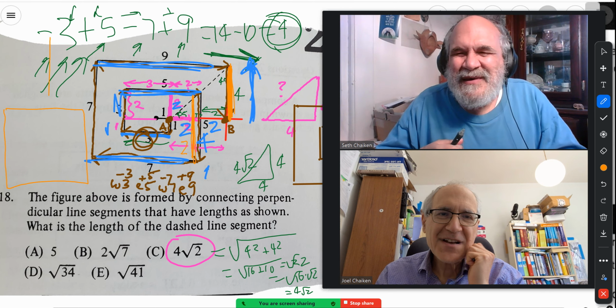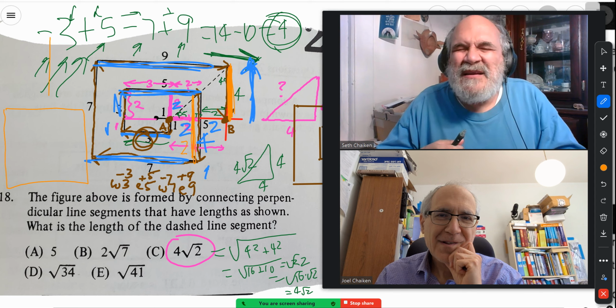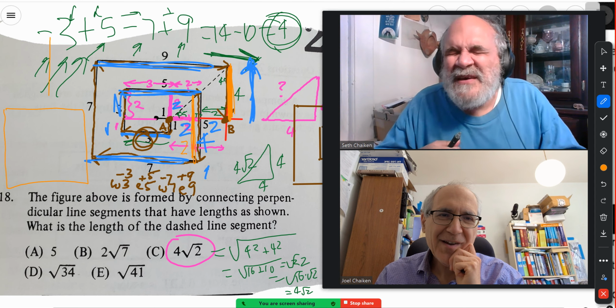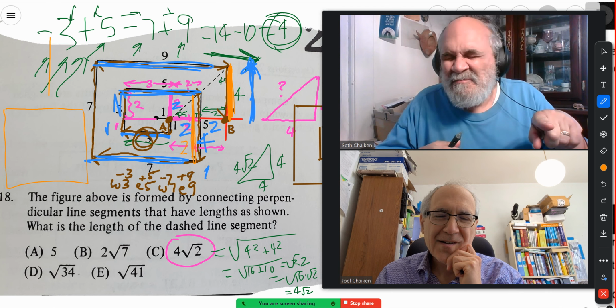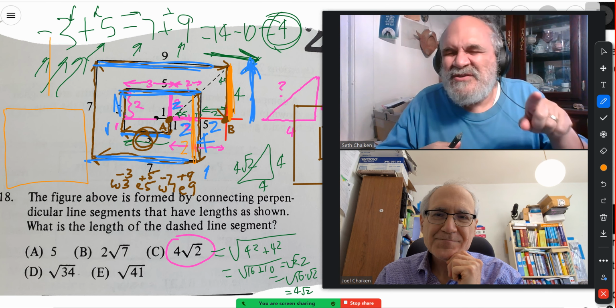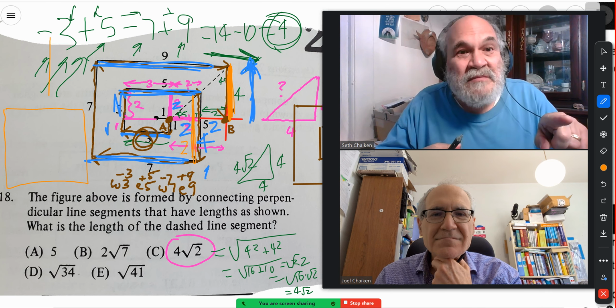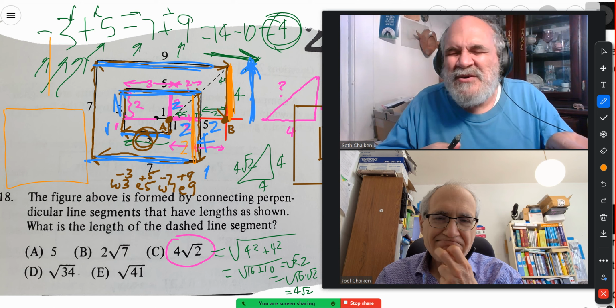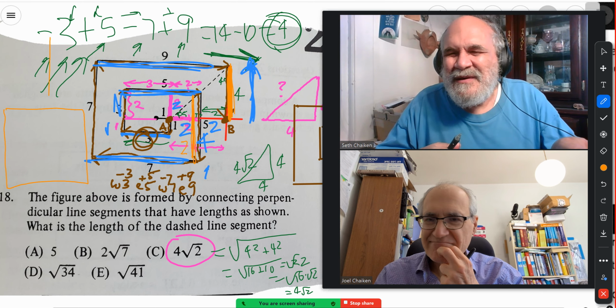So you made it horizontal. I made it horizontal because it was horizontal. The figure is drawn to scale. I simply drew in the line, and it appears horizontal because it is horizontal.